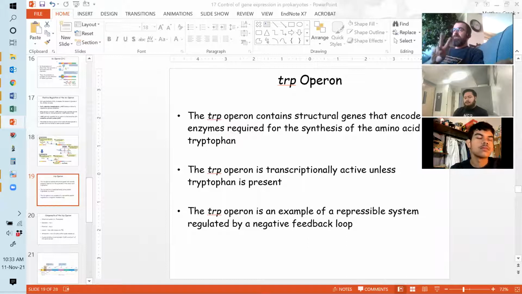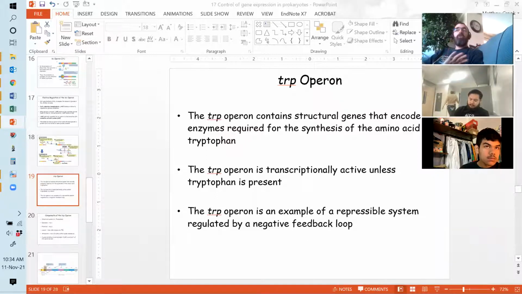And so there's, again, two things going on here. One is if you're making proteins, you need tryptophan, right? So tryptophan is something that you always need because it's an amino acid, right? You can't make most proteins without it.